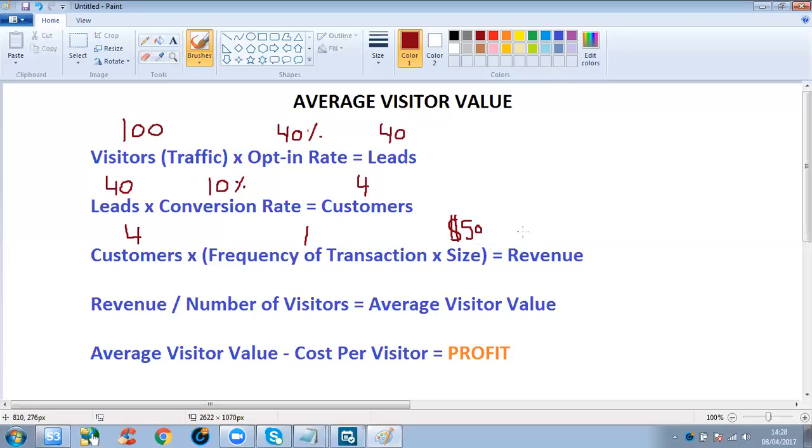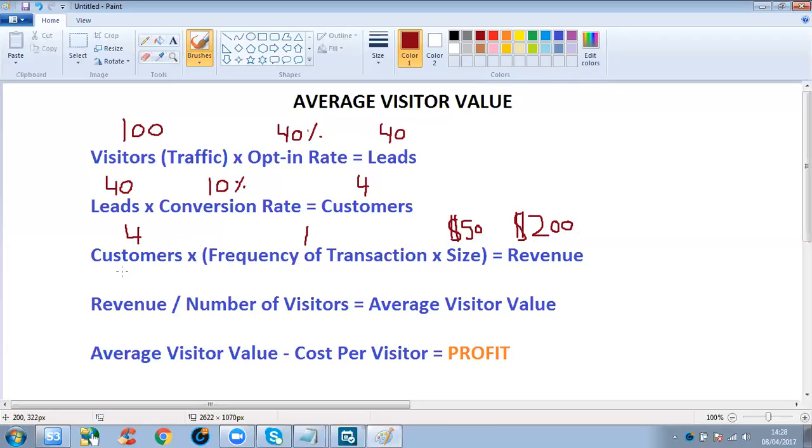So that basically means your revenue is fairly easy to work out. 4 customers times $50 is $200 revenue. And this is just an easy example so that you can work out for yourself what the visitor value of your business is. So $200 in revenue.